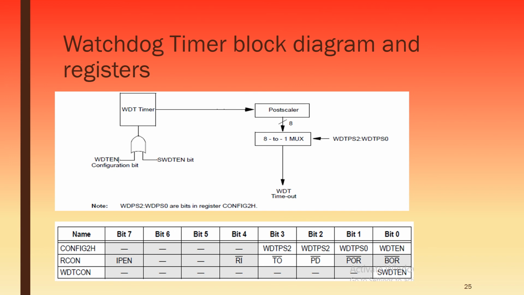Then set EEPGD to point to program memory, set the CFGS bit to access configuration registers, and set WREN to enable byte writes. Next step is to disable all interrupts. Then write 55 to EECON2, and write AA to EECON2. Let's first write 55, that is toggling, and then again AA.